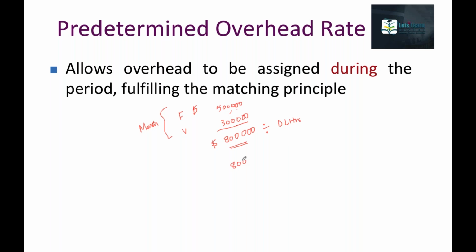So $800,000 is the numerator, divided by the denominator level of activity, which is going to be direct labor hours. You need to estimate direct labor hours for the same month. Say we estimated 80,000 labor hours. So per labor hour it is going to be $10. This is a predetermined overhead rate in terms of labor hours.